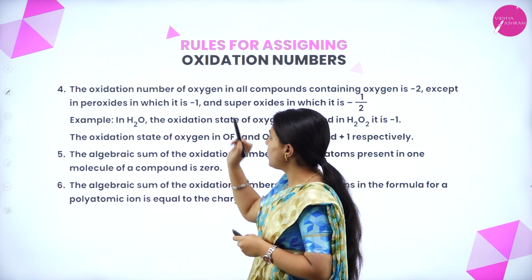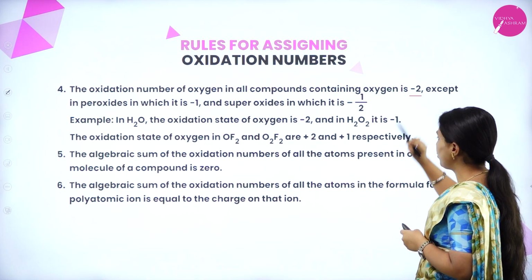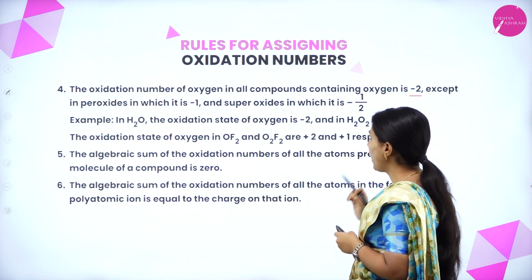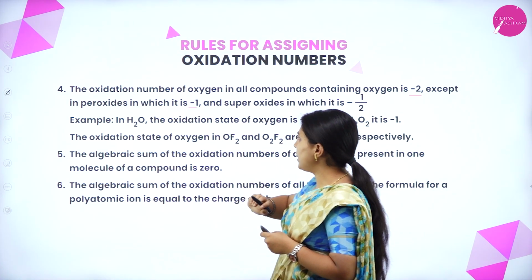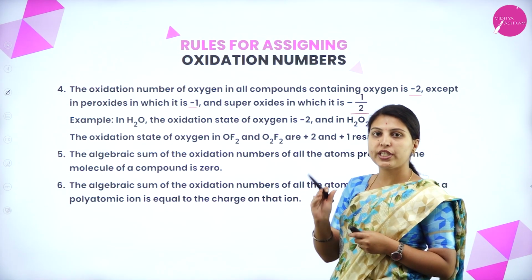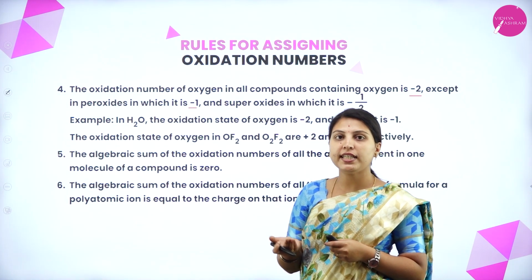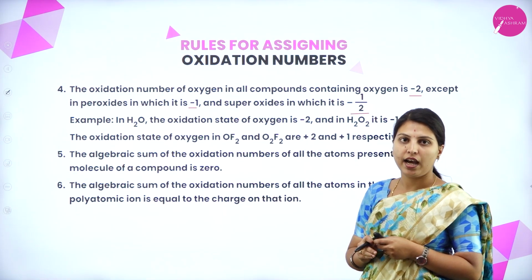Next, the oxidation number of oxygen in all compounds containing oxygen is -2. Usually the oxidation number of oxygen is -2, except in peroxides, where it is -1, and in superoxides, where it is -1/2.